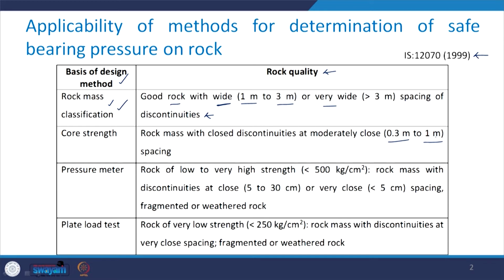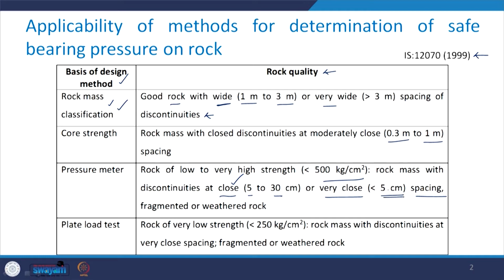The third category belongs to rocks of low to very high strength, that is less than 500 kg per square centimeter, with discontinuities at close or very close spacing. Close means the spacing lies between 5 to 30 centimeter, and for very close the spacing is less than 5 centimeter.